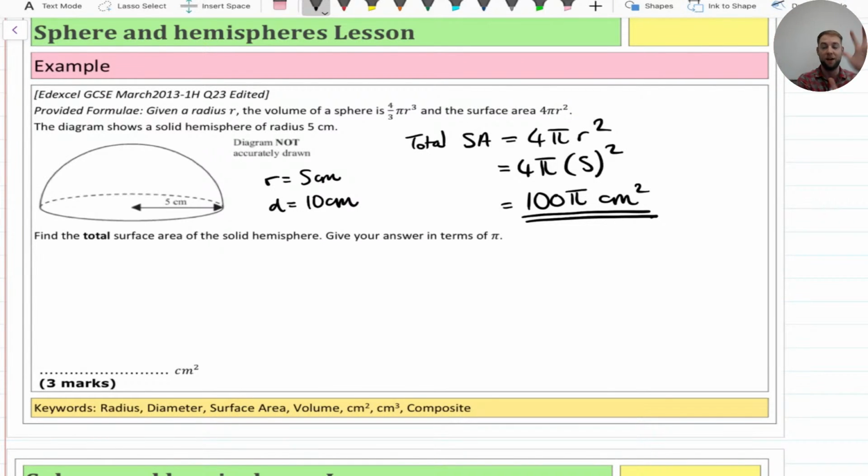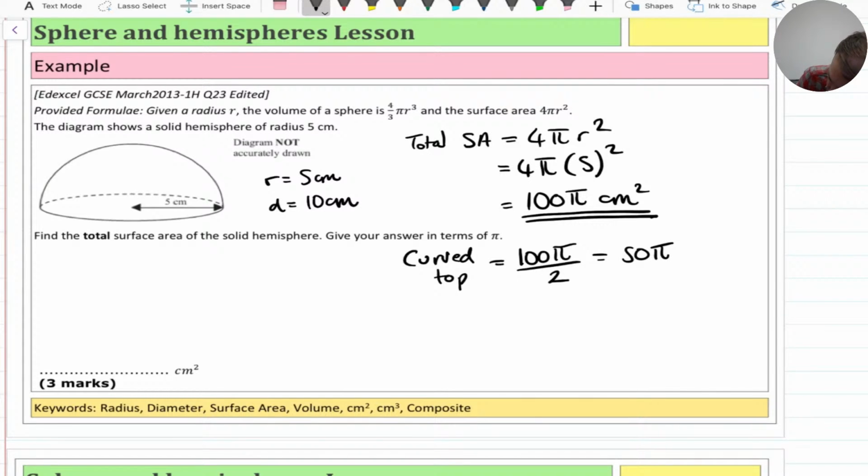So this is the surface area of a full ball. Now, when I cut this in half and divide it by 2, it's not the same as the volume. If I divide it by 2, you're only getting the curved top. So my curved top is equal to 100 pi divided by 2, which is equal to 50 pi.